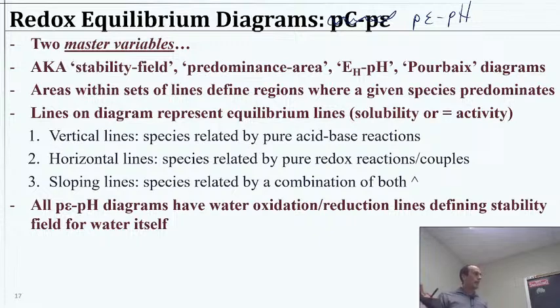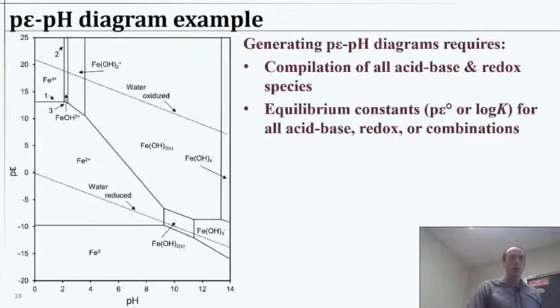Okay, any diagram like this, we can also draw the water oxidation and reduction lines for it, as we'll see, defining the stability of water itself. Okay, so we're going to jump right into this iron speciation diagram, or predominance diagram.